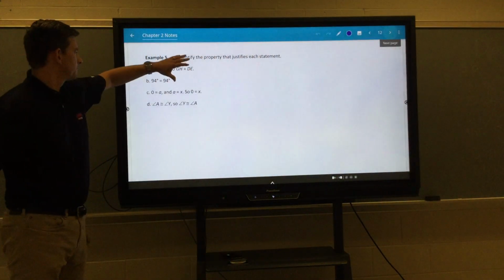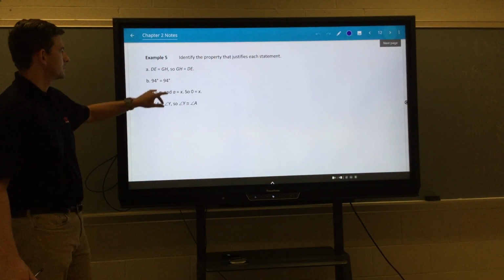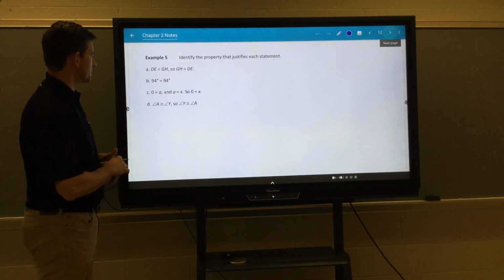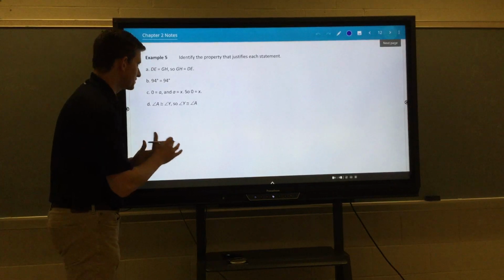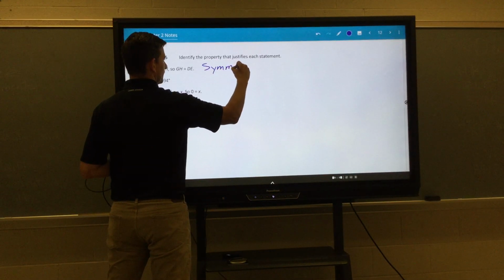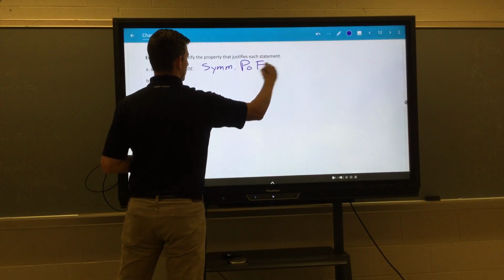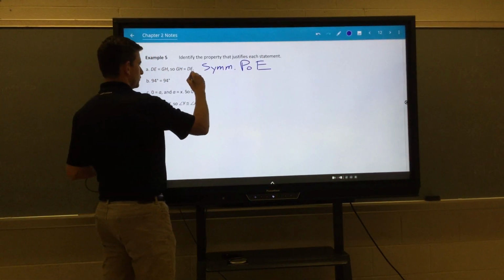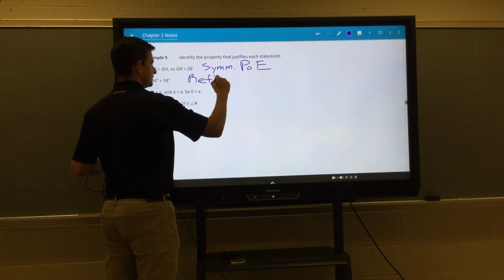One more page, 4 more example problems. Again, identify the property. Length of DE equals length of GE, so GE equals DE. Mirror images, this is the symmetric property of equality. 94 degrees equals 94 degrees, reflexive property.